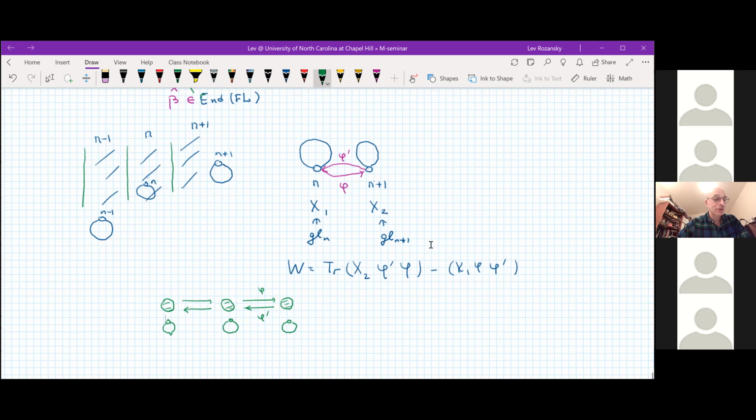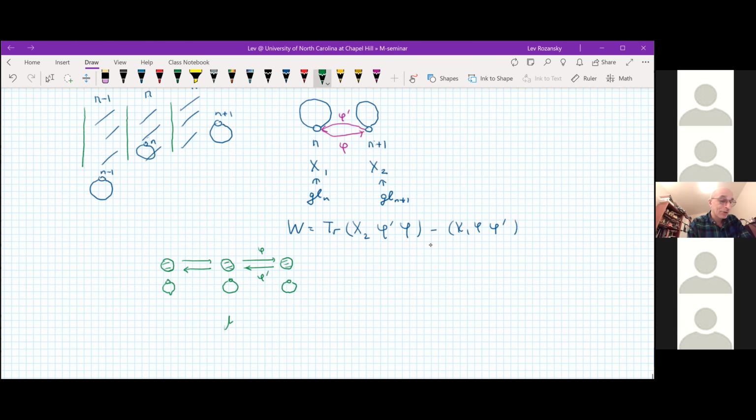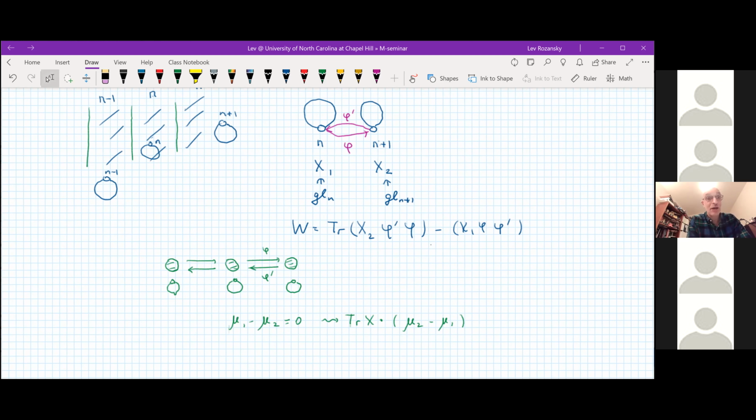A derived Hamiltonian reduction means that you set mu1 minus mu2 equal to 0 either through Koszul complex or by introducing an extra matrix X, which multiplies mu2 minus mu1, and taking trace and declaring it as a W for matrix factorization.